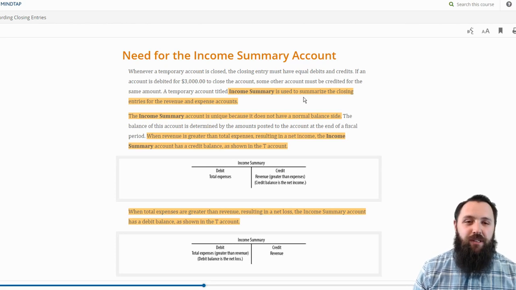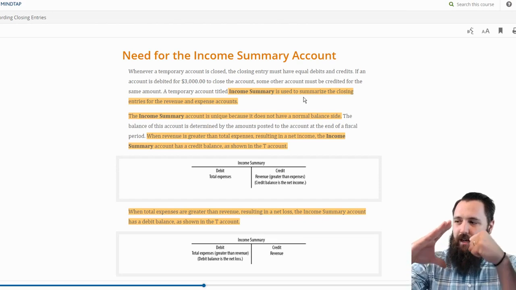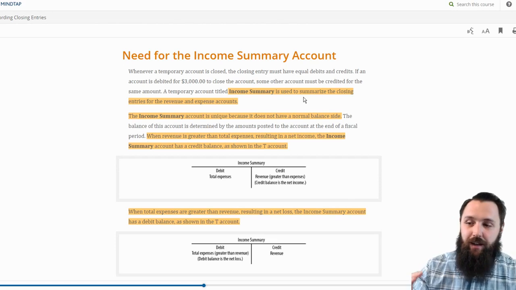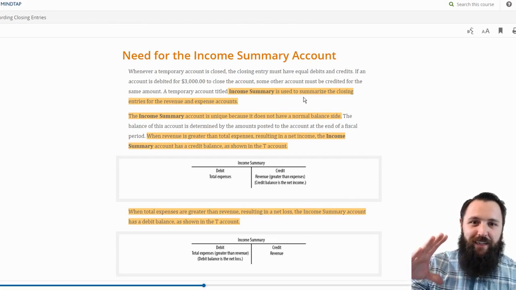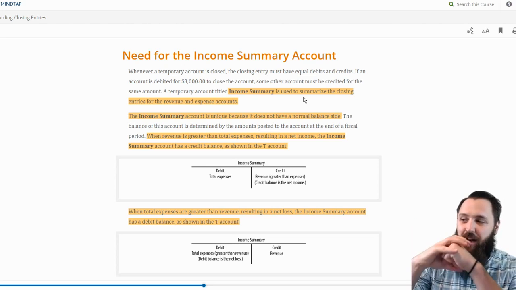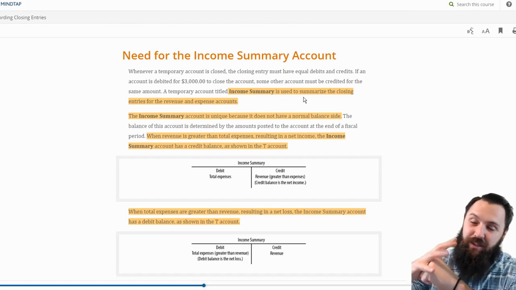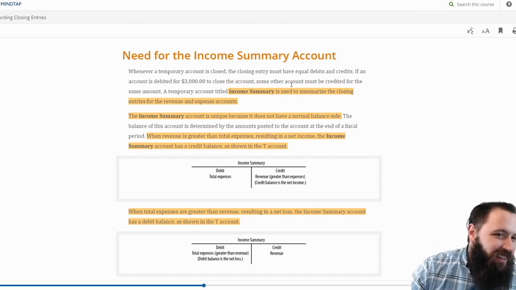So our revenues and expenses, you guys remember when owner's capital was the giant Pac-Man, right? I forgot what side it was, and it took everything else. Well, what happens is income summary, first, before that owner's capital is affected, income summary is going to eat up our revenues and it's going to eat up our expenses. And income summary is going to be used to hold on to that. That's how we kind of look at it.